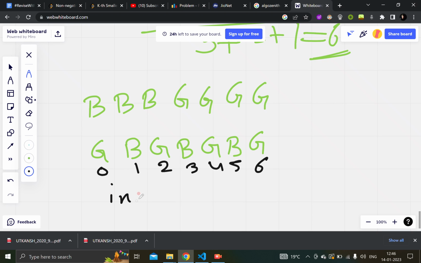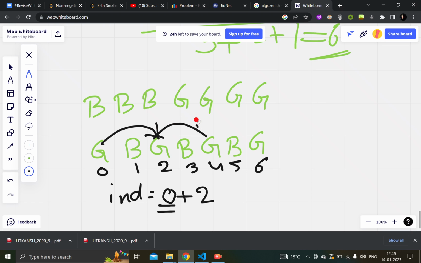So the int is storing the first index of the girl or the boy, whoever is in the majority in the final configuration. It will be 2. If we know the first index, do we know the next index also? Yes, we just have to add 2 to it, and we will reach the next index, right?